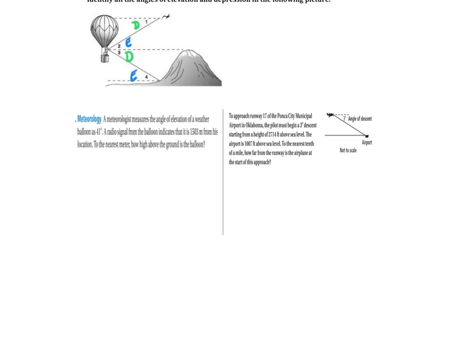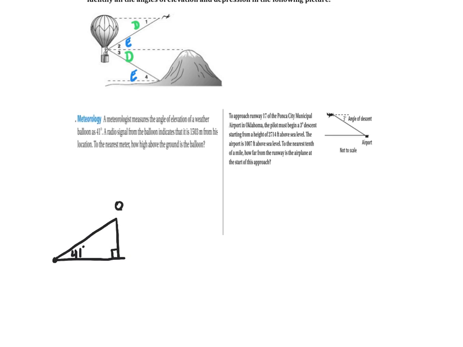So we have our meteorologist right here. He's on the ground and he's looking up. It says angle of elevation, so we know that he's looking up at an angle of 41 degrees.